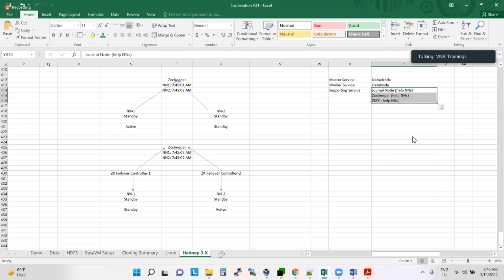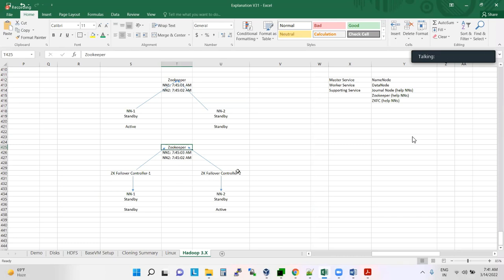Understood? Since Namenode is a master service, it will never send a heartbeat to a supporting service. But Zookeeper is the decider of who should be active and who should be standby, so Zookeeper cannot go to both the Namenodes. That is the reason they introduced one PA for each Namenode. The PA will collect the status of Namenode 1 and send it to Zookeeper.